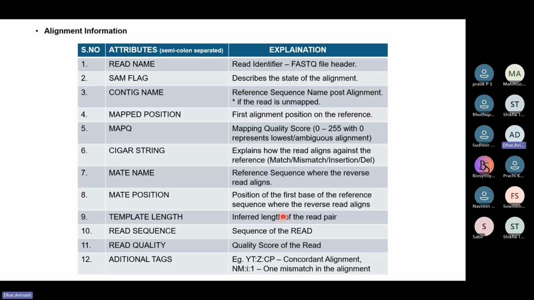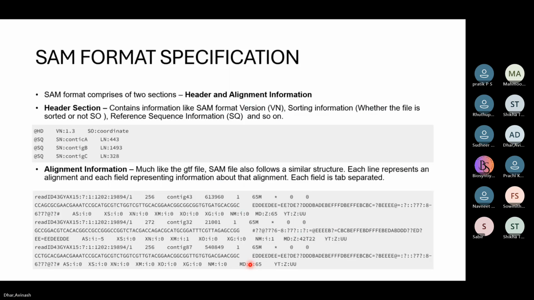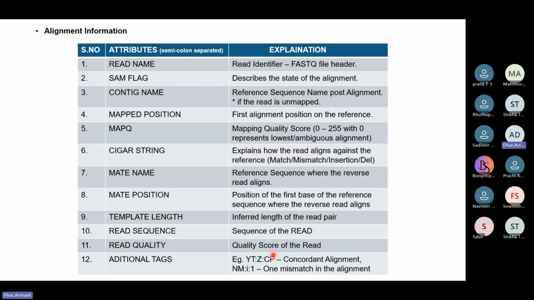For example, as I said, we have concordant and discordant alignment. If you look at this tag, YT:Z:, if it would be CP, that would mean concordant alignment. If it would be DP, that would mean discordant alignment.